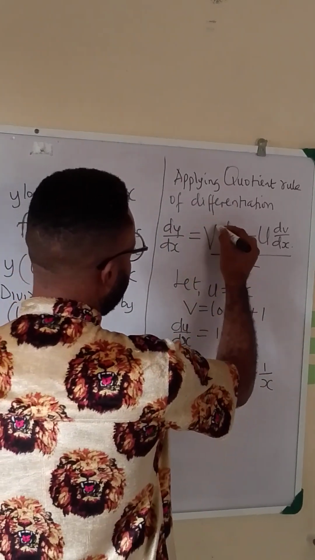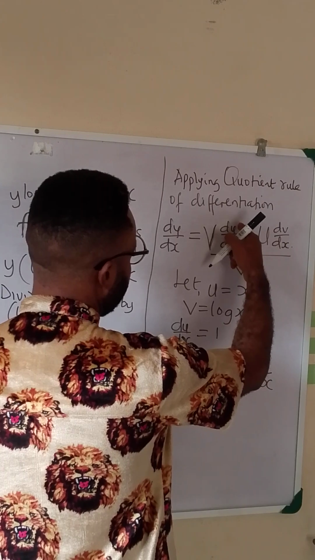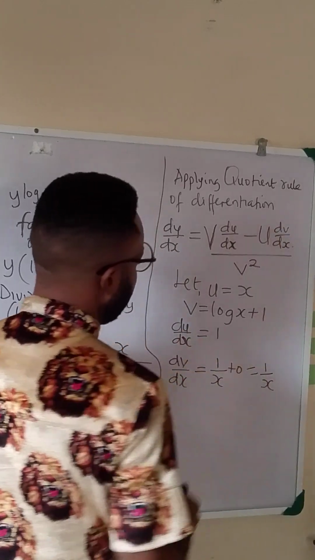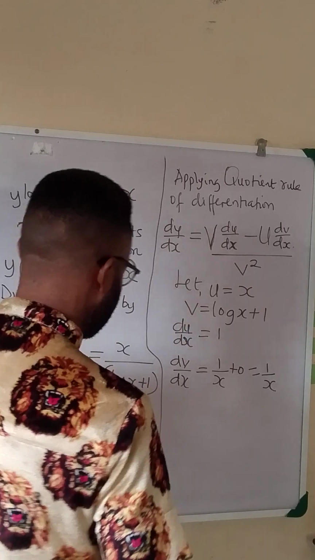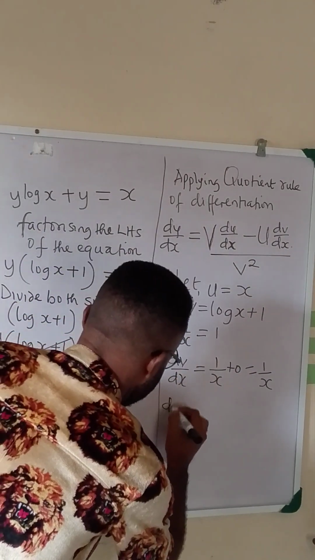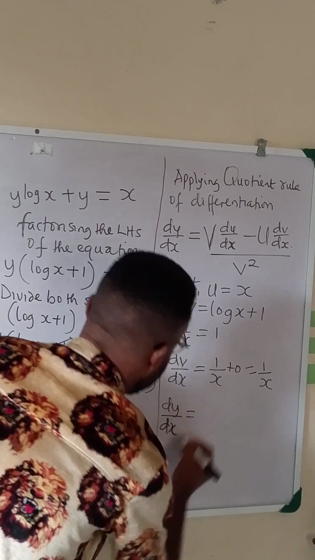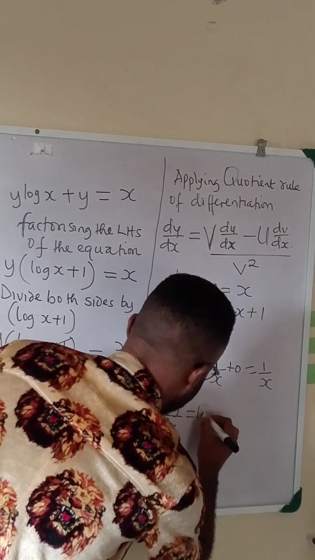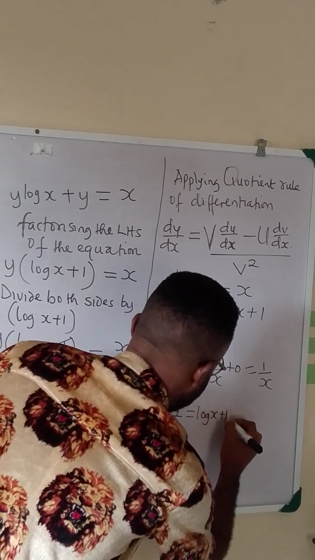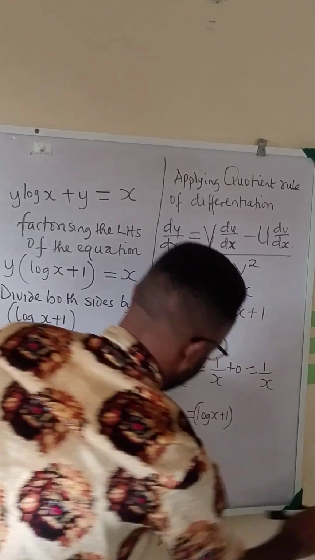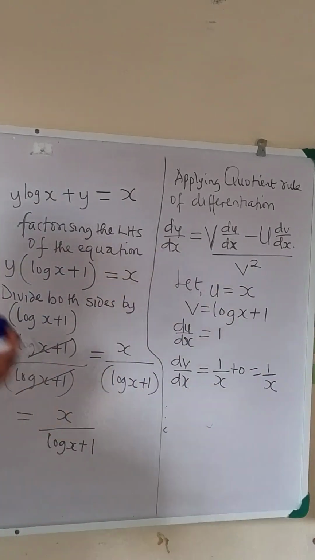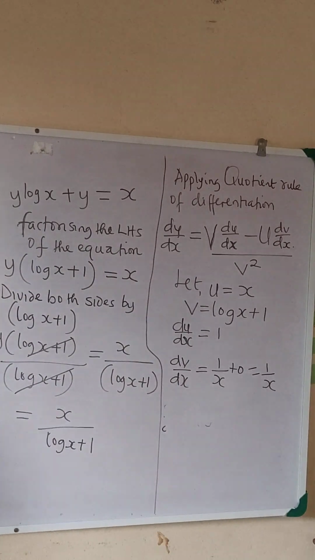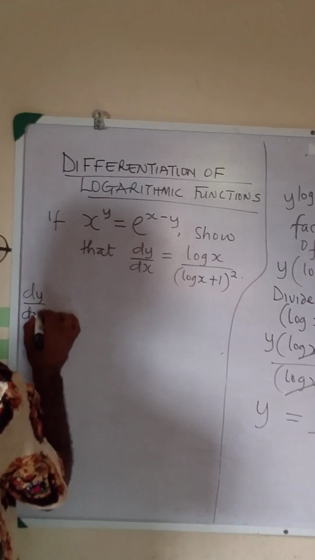Since we have the values for u, v, du/dx and dv/dx, we can now substitute them into this equation to find our dy/dx.